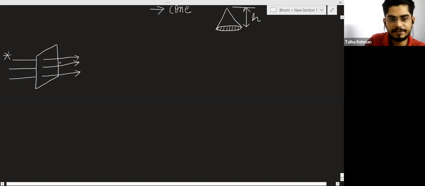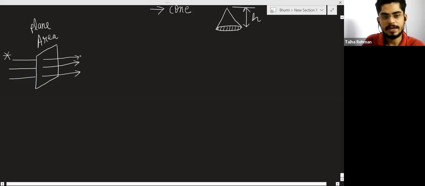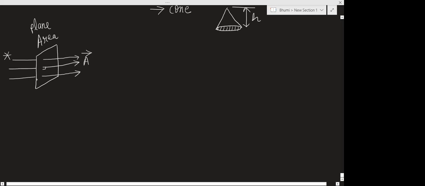These are the electric field lines, and this is the plane area. If you want to find the area vector, then the direction of the area vector will be perpendicular to this. This is the area vector. We have discussed this earlier also.